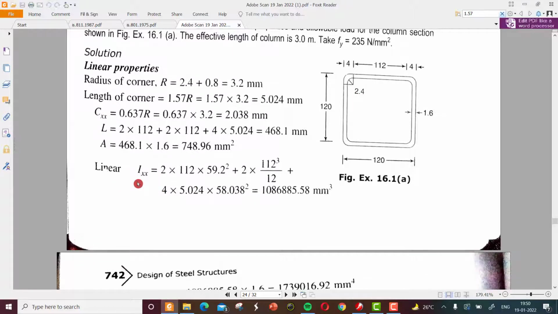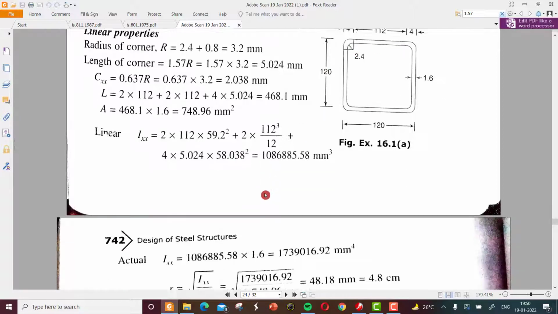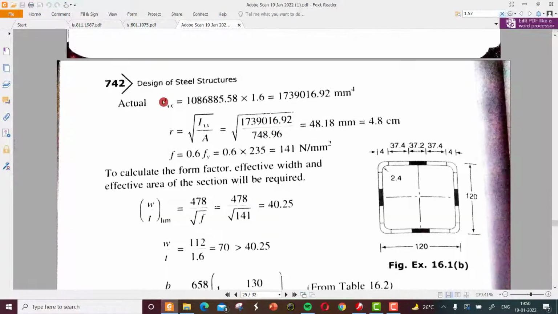Taking the moment of inertia about this axis, you can take the two webs about this central axis, then the two flanges and the four corners, which will give you the moment of inertia.